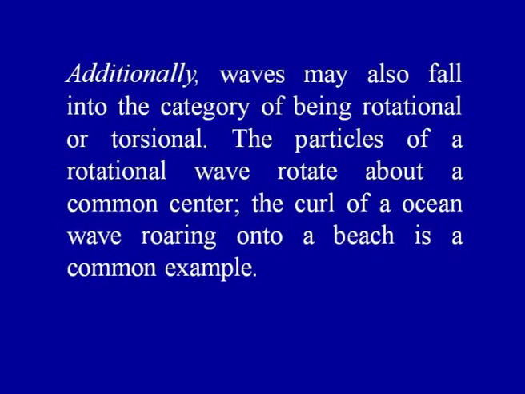Additionally, waves may also fall into the category of being rotational or torsional waves. The particles of a rotational wave rotate about a common center as the wave advances. The curl of an ocean wave rolling onto a beach is a very common example.